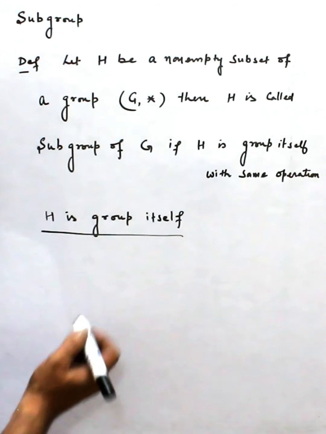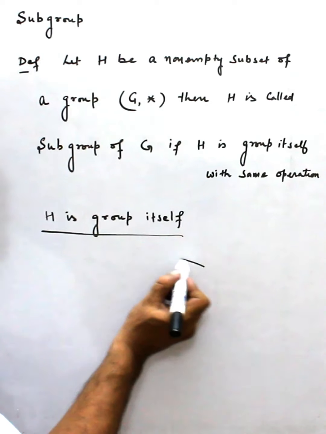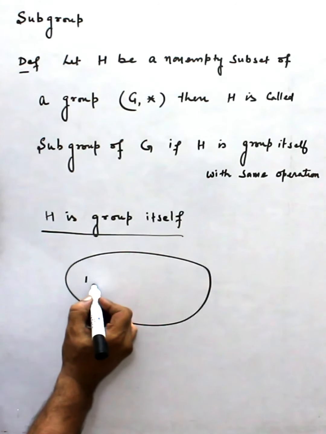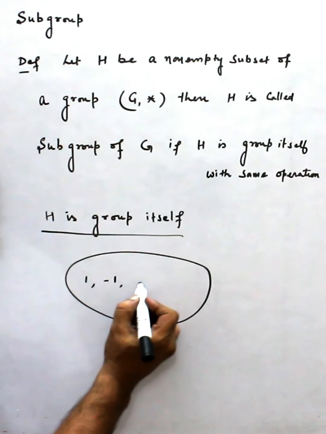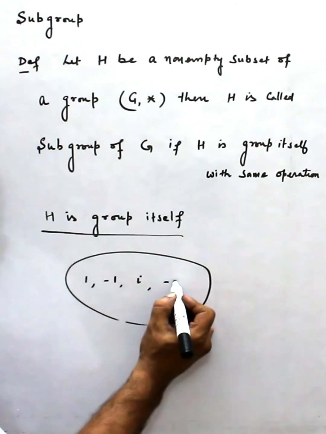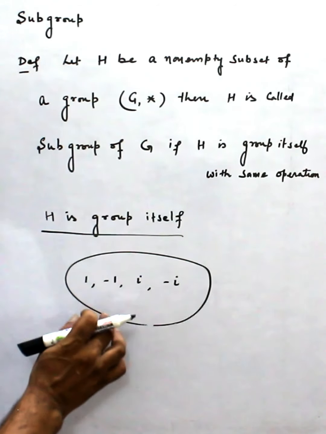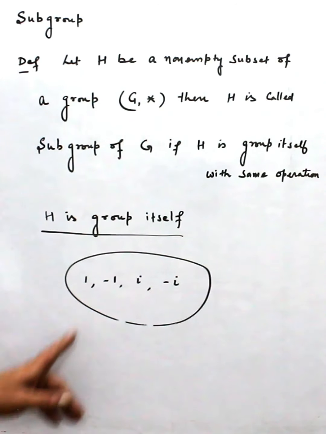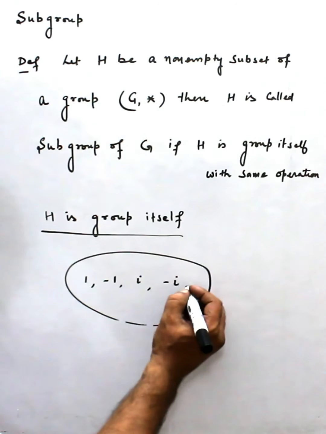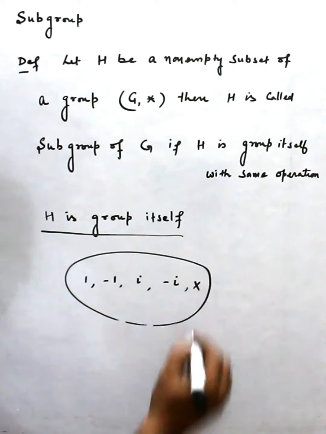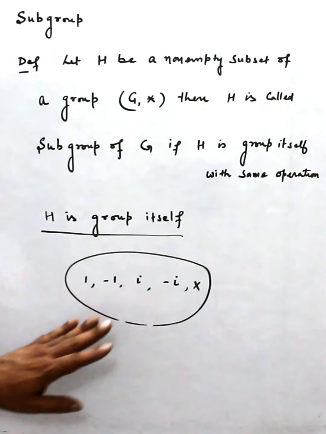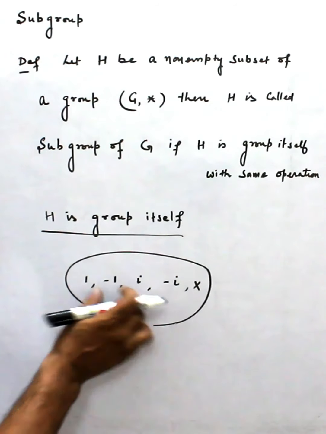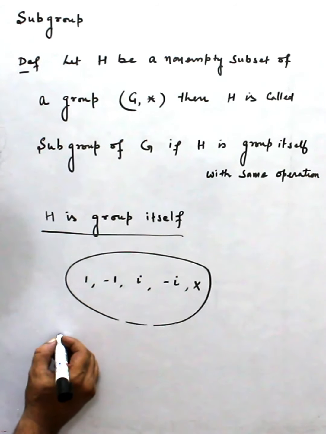For example, say G is a group which contains the elements 1, -1, i and -i. We already know that this is a group with respect to multiplication, and our operation is multiplication. Now if I take subsets of this group, I can take many subsets.